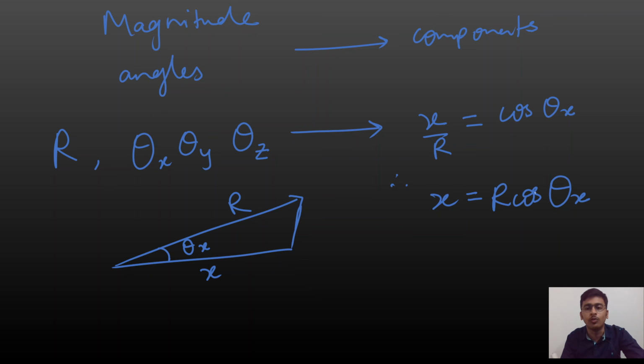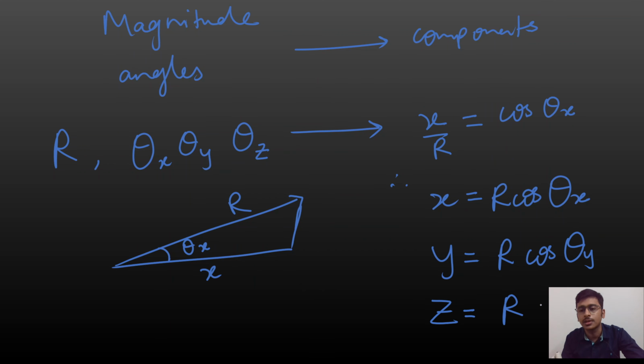Similarly, we do it with y. y will be R cos theta y, and similarly z will be R cos theta z. And essentially, all these cos theta x, cos theta y, and cos theta z are nothing but the direction cosines.